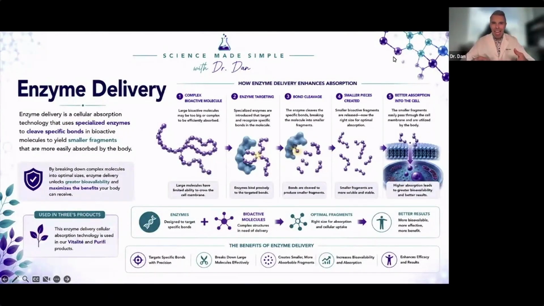This is another approach where we make smaller and smaller fragments that are then able to get through the cell. And the hydrolyzation and micronization technology also works on them. So we use complementary approaches, and that's how we do this. Enzyme delivery is used in Vitality and Purify.